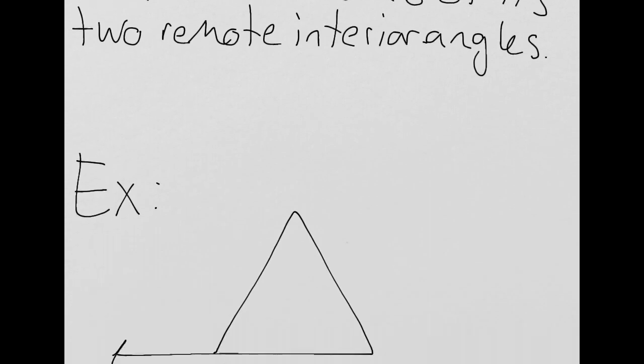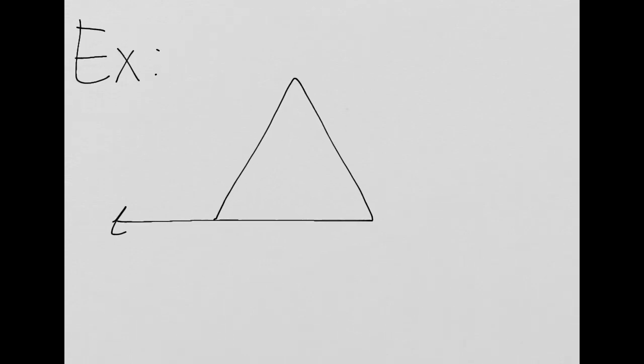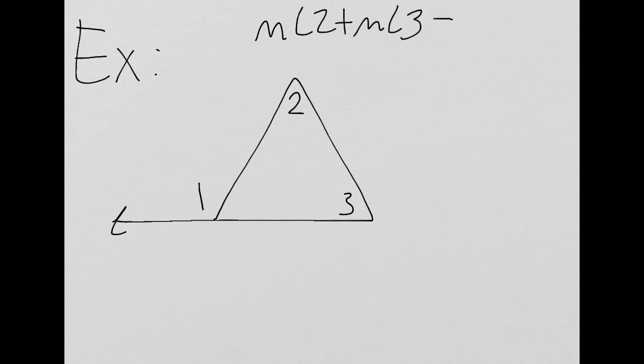What this says is that if I have this triangle here, and let's say our exterior angle is angle 1, and then our remote interior angles are angle 2 and angle 3, then measure of angle 2 plus measure of angle 3 equals the measure of angle 1. So the measure of our exterior angle is equal to the sum of the measures of our two remote interior angles.